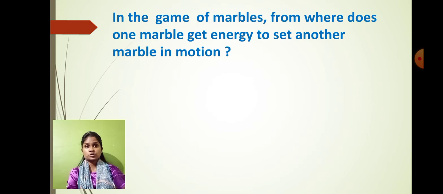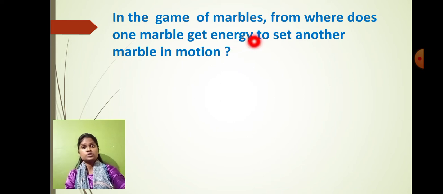And one more thing, students, not only in this example, you must be playing the game of marbles at your home also. Am I right? When you play marbles at home, you must have seen that one marble gets energy to set the other marble in motion.